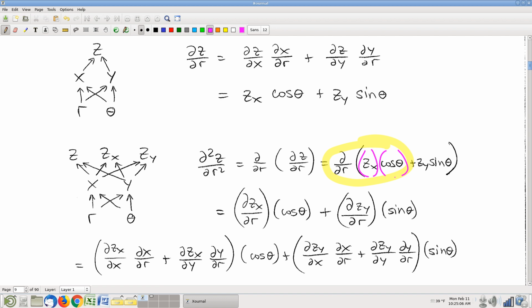Notice that if you're taking the partial with respect to r, taking the partial with respect to r says you're holding theta constant. If theta is a constant, then cosine theta is a constant. What we have here is a constant times zx. The derivative of a constant times zx is, well, that constant just factors out.